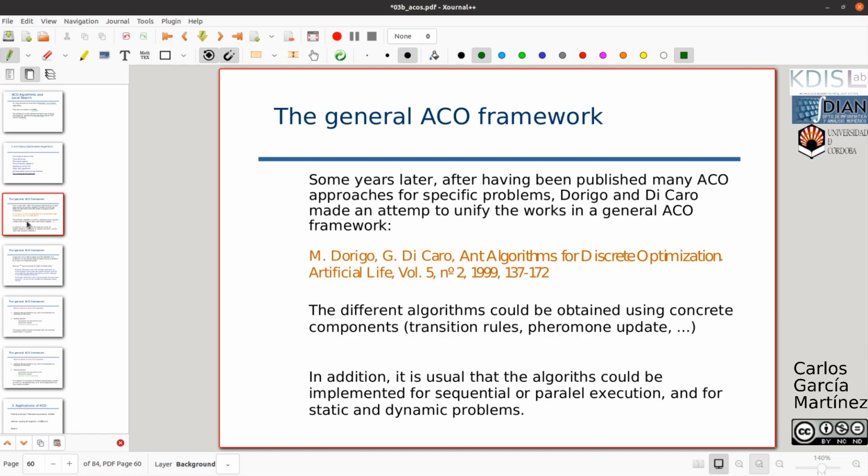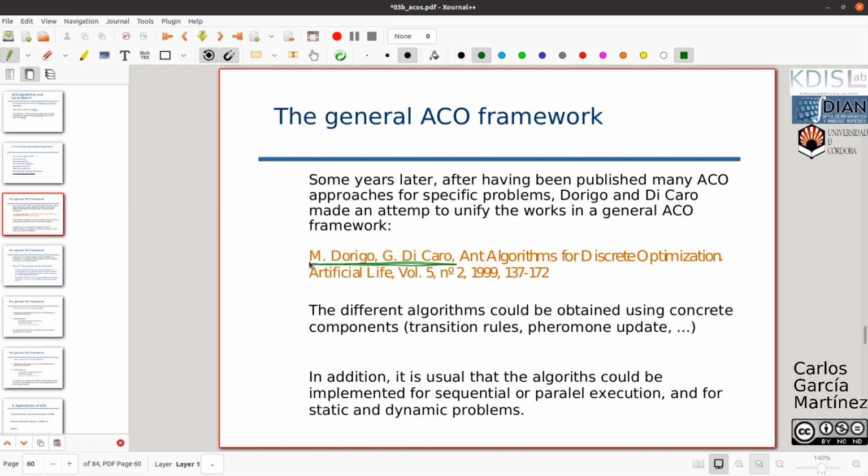So these authors, who are the originators of ant colony optimization, decided to provide a general framework for applying ant colony optimization algorithms to other problems.